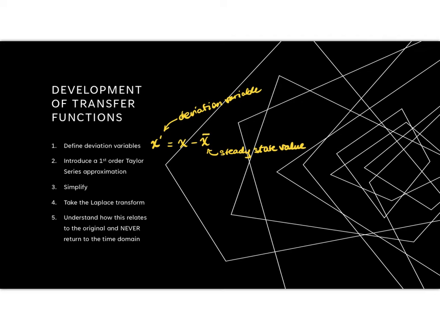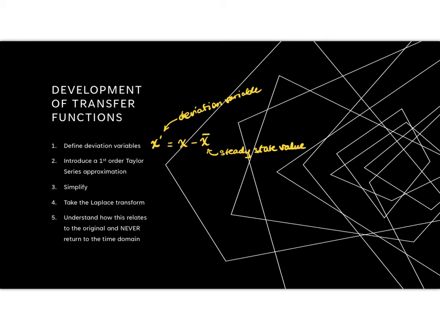All right. Now, an advantage of a deviation variable is that if you start at steady state, at time 0, the function will be 0, and any of its derivatives will be 0. That's going to make taking the Laplace transform a lot easier.